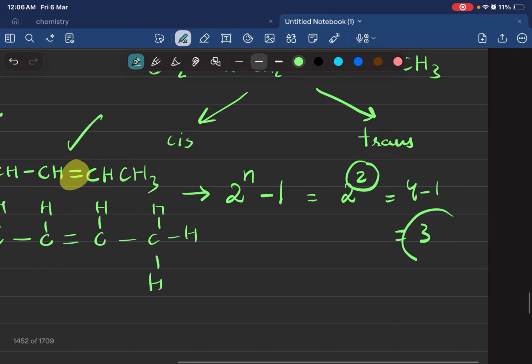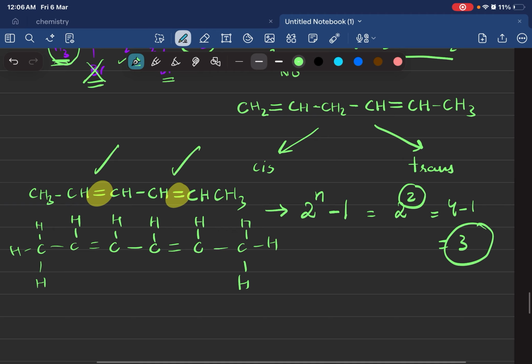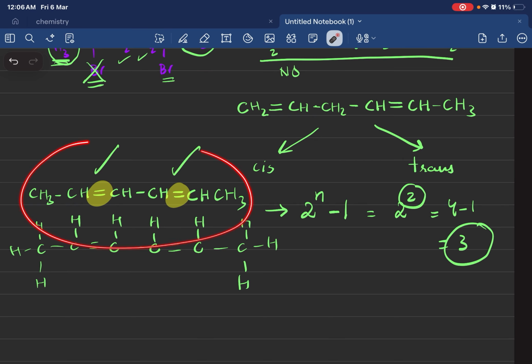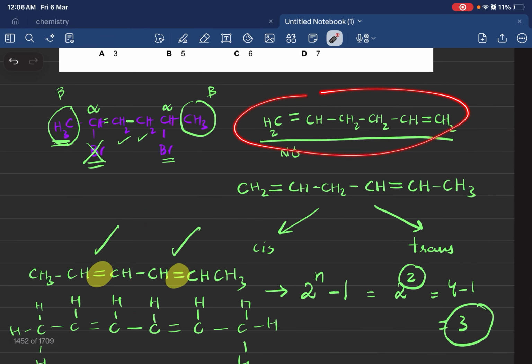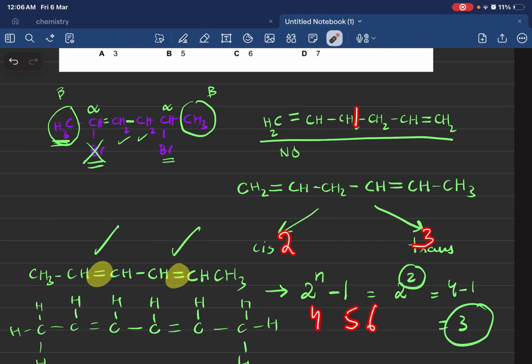So 3 stereo isomers are going to be possible for this alkene. Again telling you, 3 stereo isomers for this, 2 stereo isomers for this, and no isomer for this. So in total we have 1 2 3 4 5, 6. 3 plus 2 plus 1, we have 6 isomers.